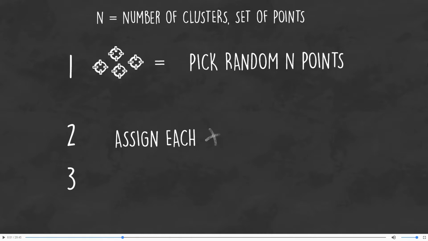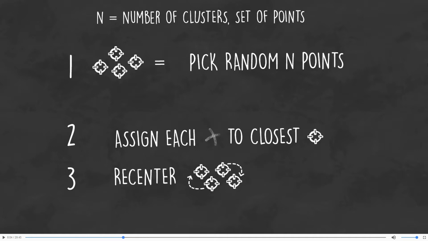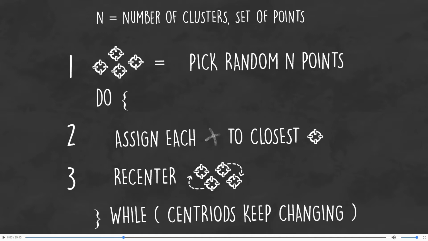Step number 2, we assign each point that we have in our set to the closest centroid. And then the other one is to recenter each centroid within that cluster that we have. And we keep on doing steps 2 and 3 while the centroids keep on changing. If the centroids don't move, we say that it has converged, and we exit the algorithm.